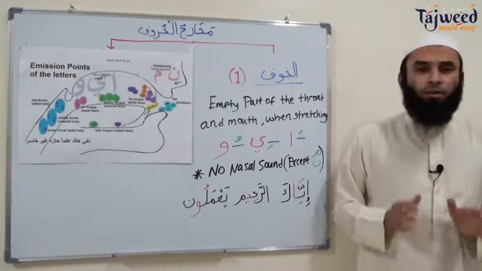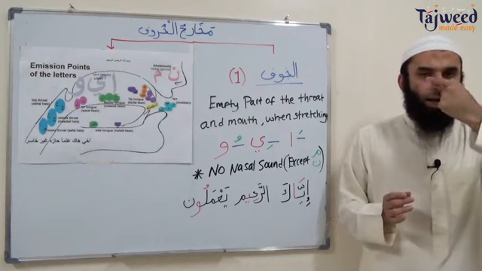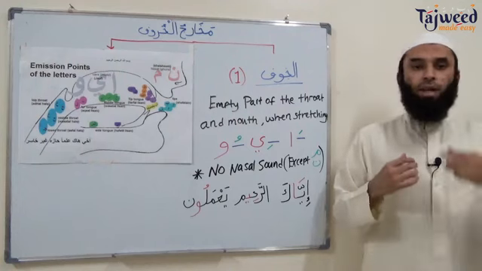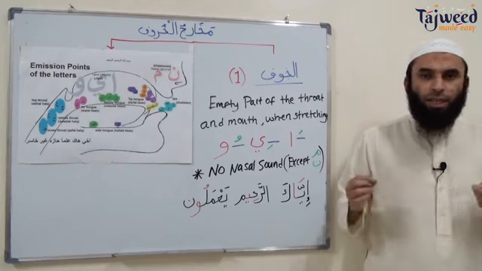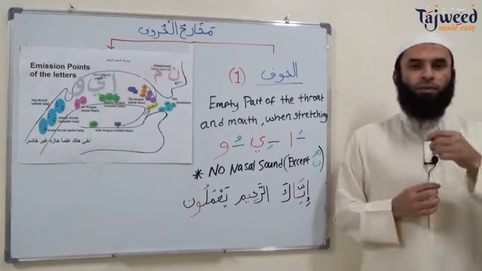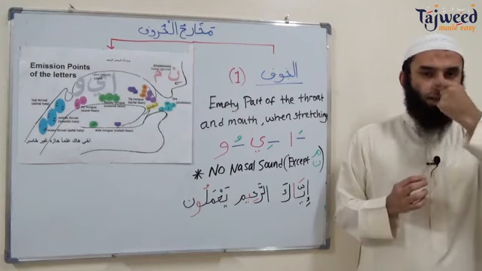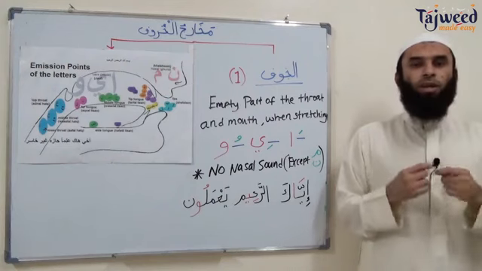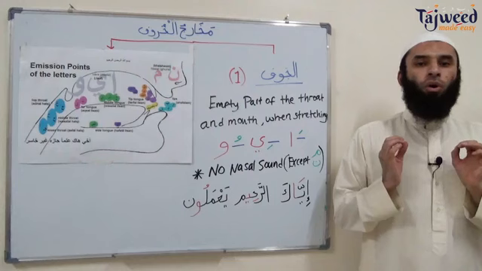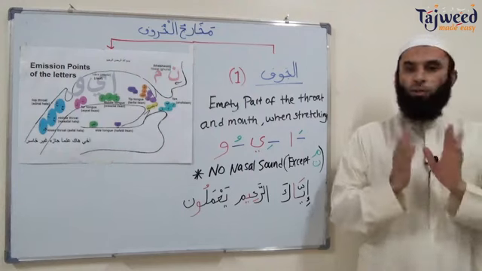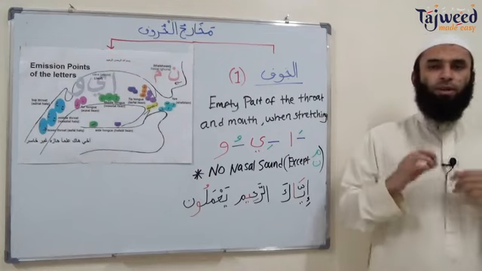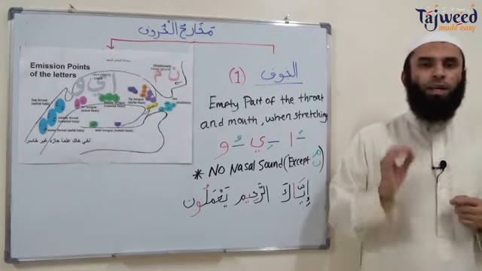So if I say a, for example, there's no nasalization. If I say it with a nasal sound, then I'm doing it wrong, so I need to practice. The same with e, and with o. So we practice this by doing fatha, kasra, dhamma: a, e, o.